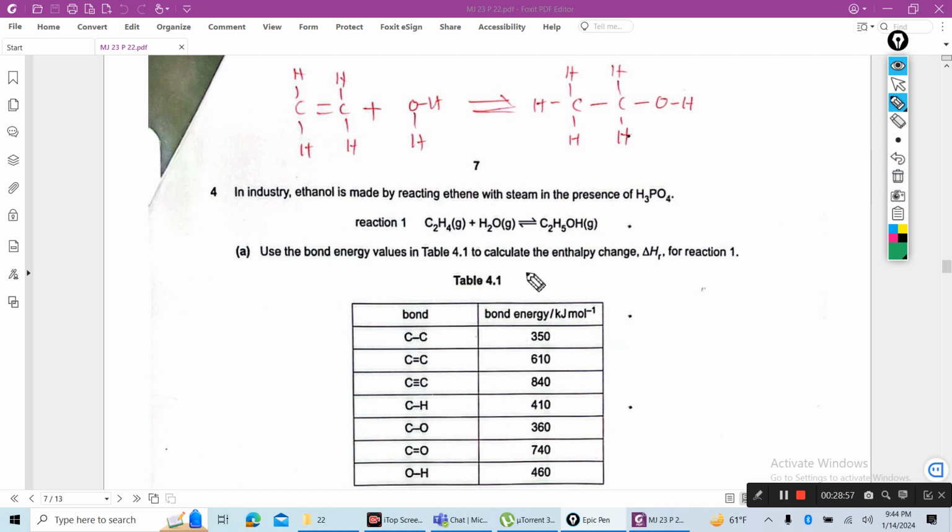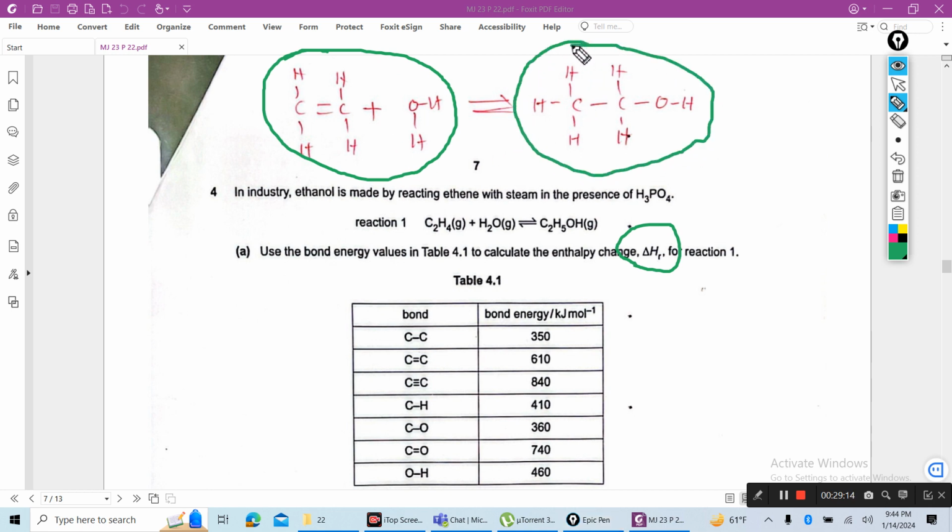So the question is asking to calculate the enthalpy change, delta H R, of the reaction. On the left hand side I write the displayed formula of ethene and water, these are the reactants, and ethanol is the product. In reactants bonds are broken, in product bonds are formed.